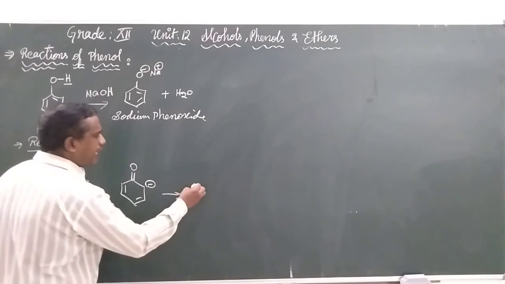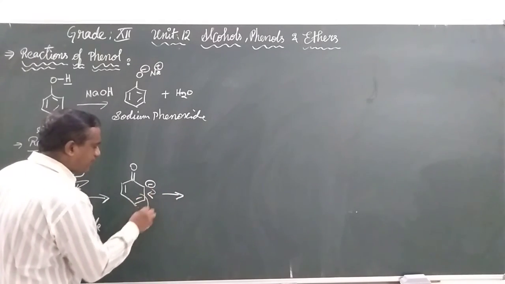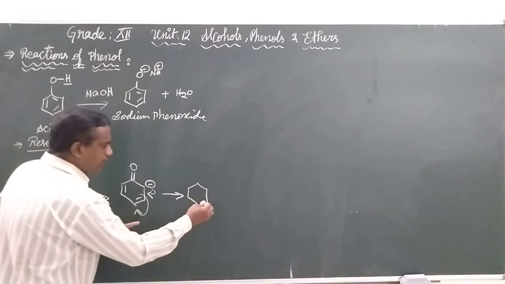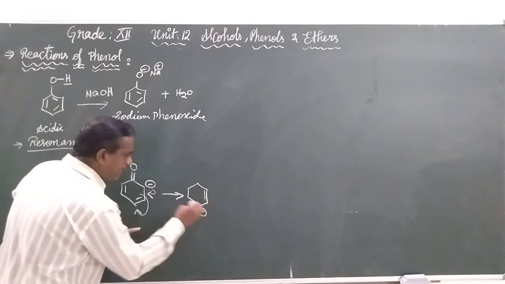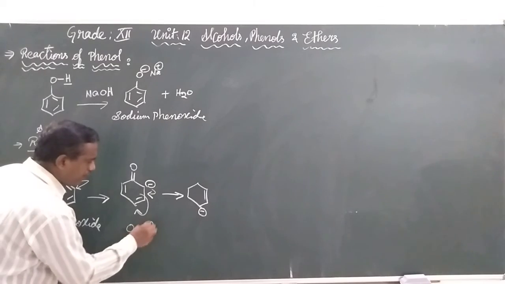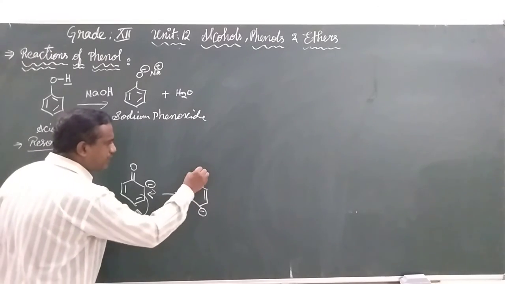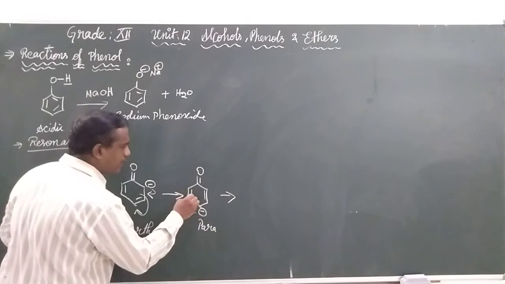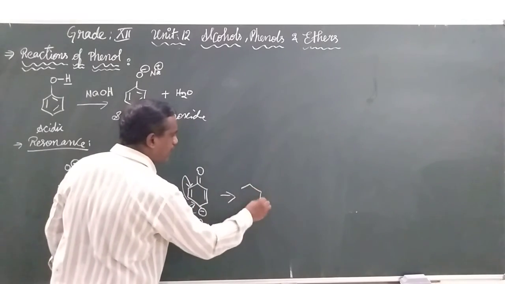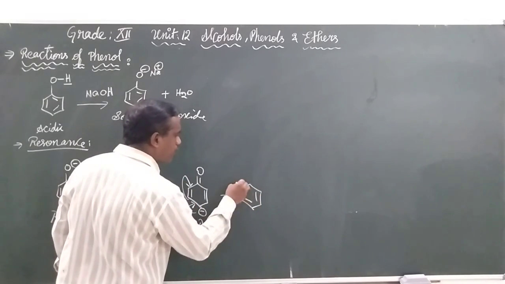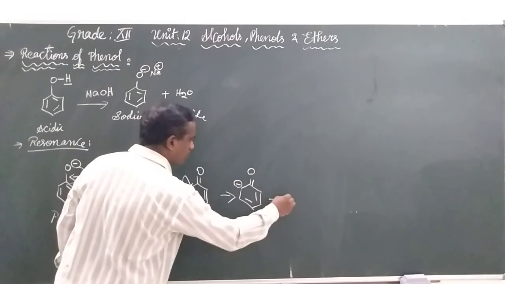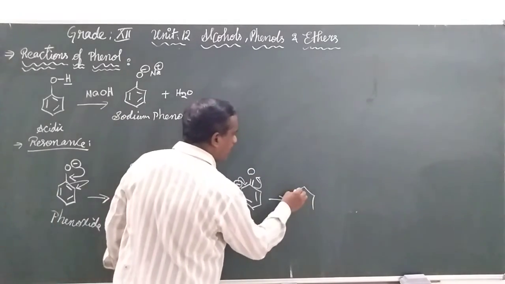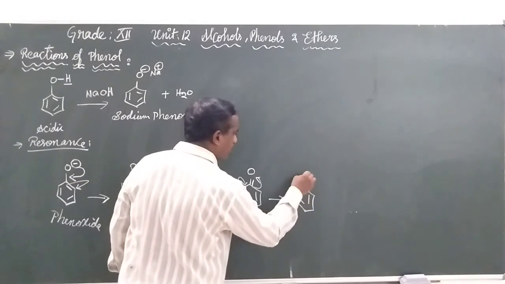This negative charge at the ortho position is further involved in resonance, forming a new double bond and a negative charge at the para position. And again, in resonance, a new negative charge is at the ortho dash position. And finally, the lone pair is given back to oxygen, that is, the phenoxide ion.